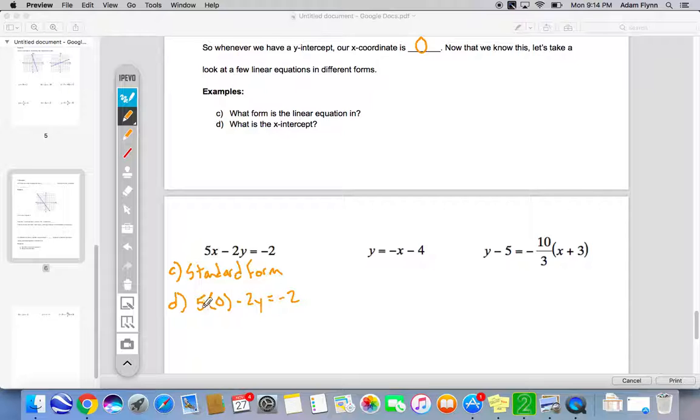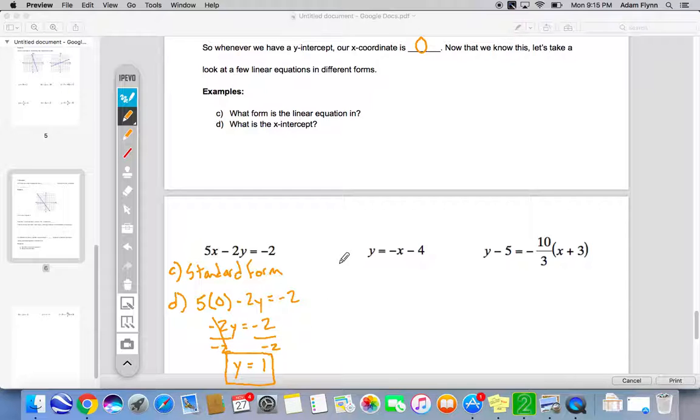So I do a little bit of math here. 5 times 0 is 0, so I'm left with negative 2y equals negative 2. So if I divide both sides by negative 2, those negative 2's cancel. So y equals negative 2 divided by 2, which is 1. So that is my y-intercept for this equation. I know this line will cross the y-axis at y equals 1.